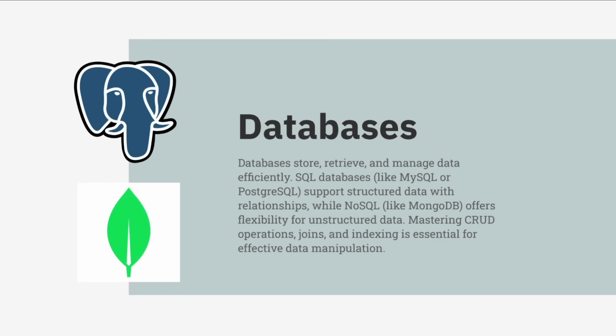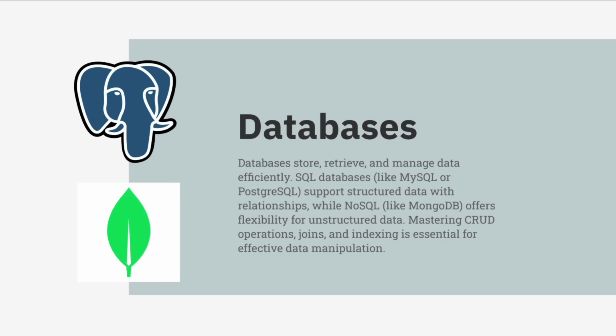Now, of course, you'll be using a database to manage your data. There's all types of databases, but the two main types are relational and NoSQL. Relational databases are traditional databases with rows and columns. My favorite relational database is Postgres, but MySQL is another option. For NoSQL databases, I'd say MongoDB is the most popular.